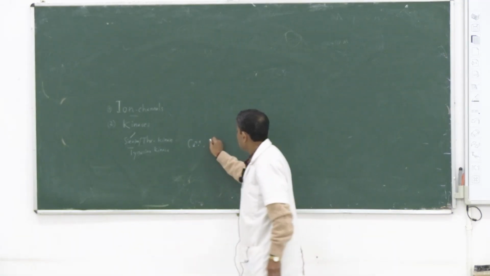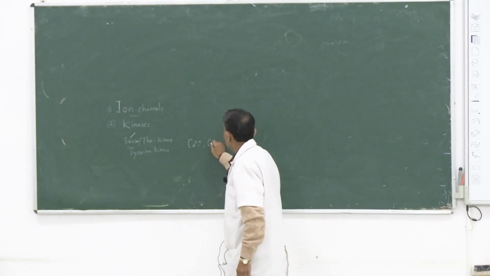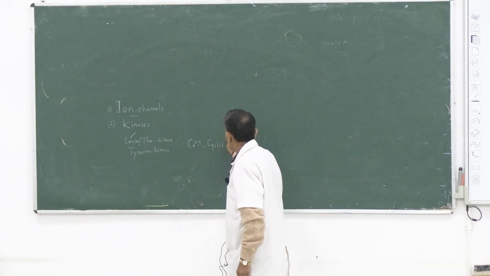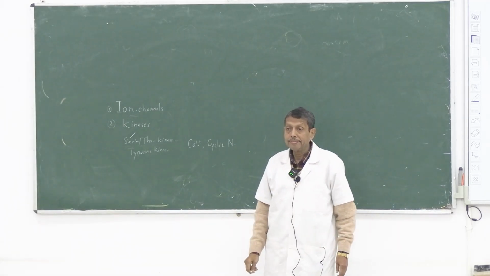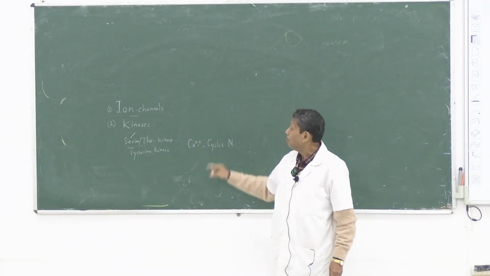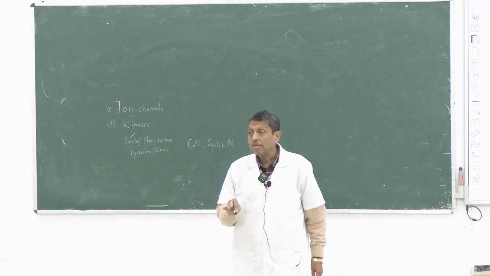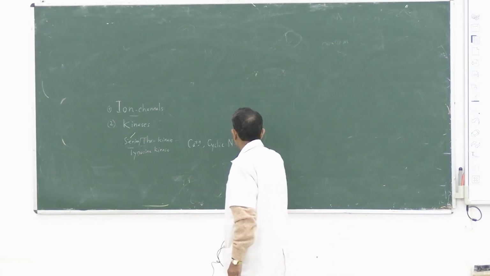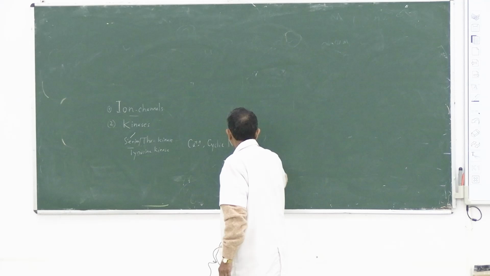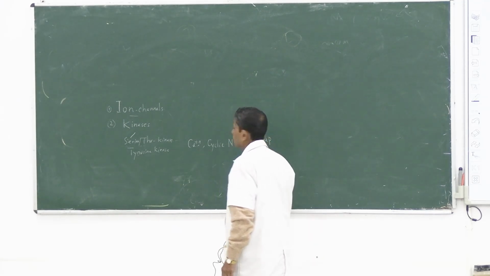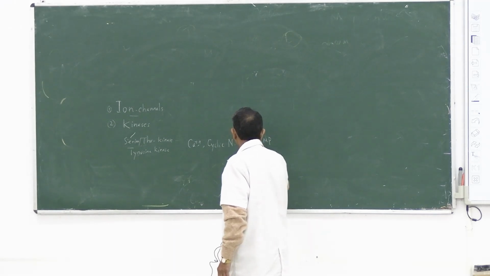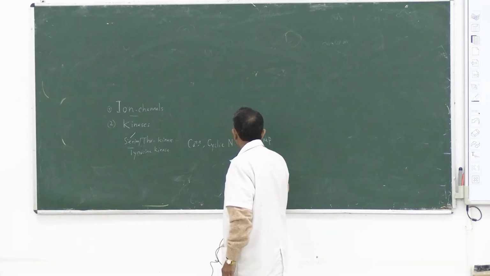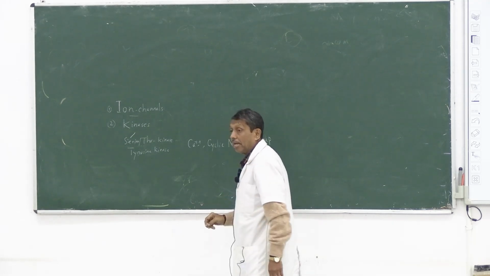Of these, what is important for the examination is the cyclic AMP dependent kinases, and also tyrosine kinase and cyclic GMP dependent kinases.